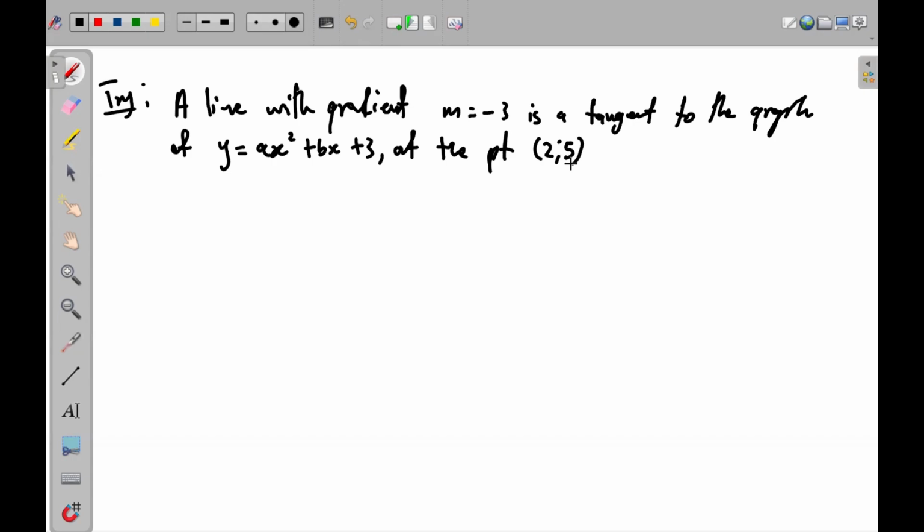You see, here they've given us the point of tangency, and obviously the question will then be: determine the values of a and b. That will be the question.